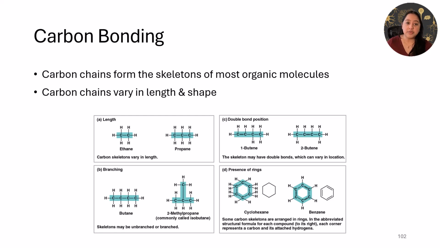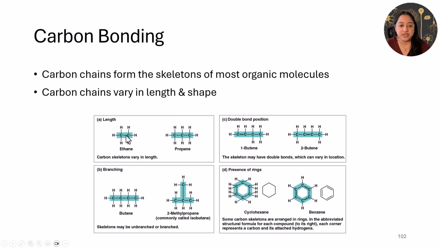So carbon chains, one linked to another, help form the skeletons of most organic molecules. And carbon chains can vary in length, how many carbons are in the chain, and also in shape. Carbons can be as little as just one carbon.